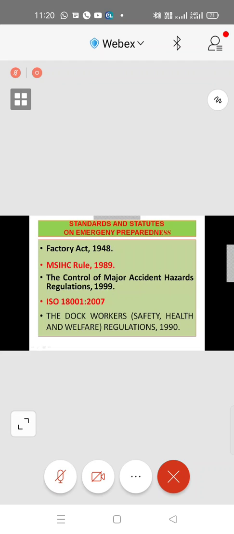Similarly, Manufacture, Storage and Import of Hazardous Chemical Rules, 1989. So this is framed after the Factory Act. Later on, the Control of Major Accident Hazard Regulations 1999. Then ISO 18001 2007.